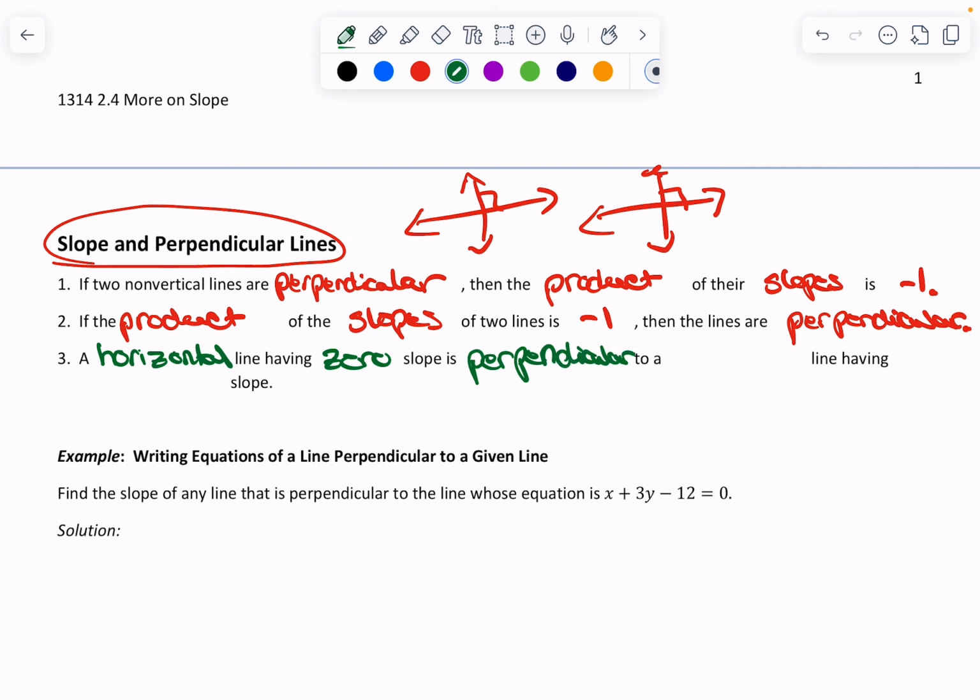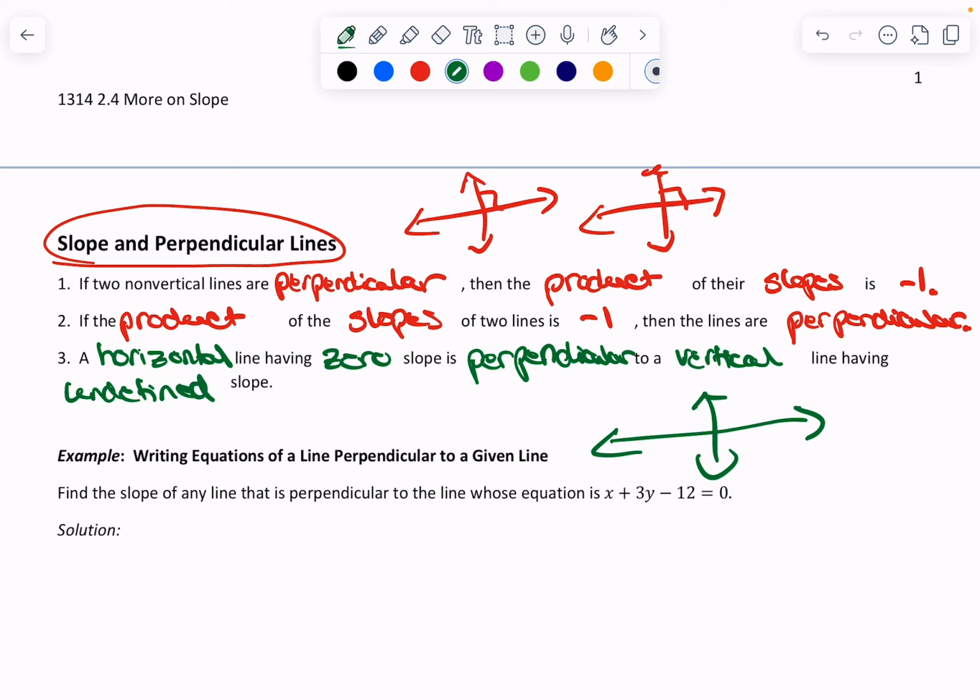So if we think about a horizontal line here, a perpendicular line would be a vertical one. So it is perpendicular to a vertical line having undefined slope. So the horizontal line slope is 0, and the vertical line has the undefined slope.